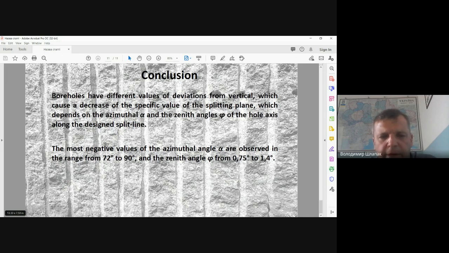The most negative values of the azimuthal angle are observed in a range from 72 to 90 degrees and the zenith angle from 0.75 to 1.4 degrees. Thank you for your attention.